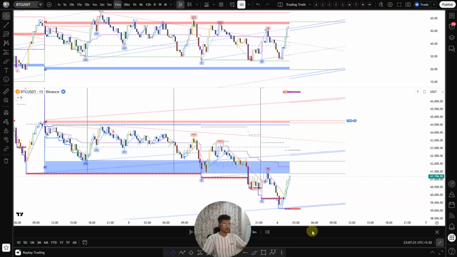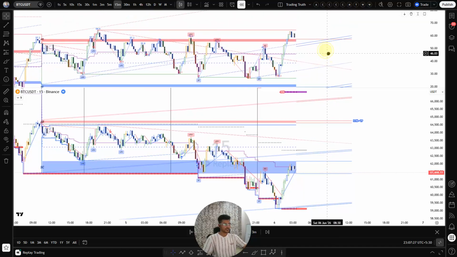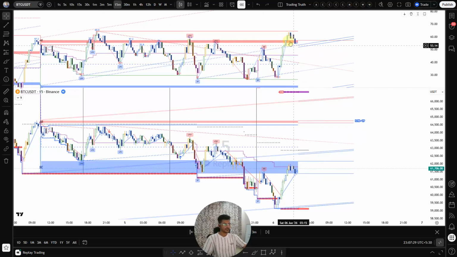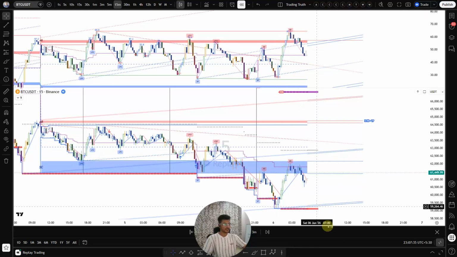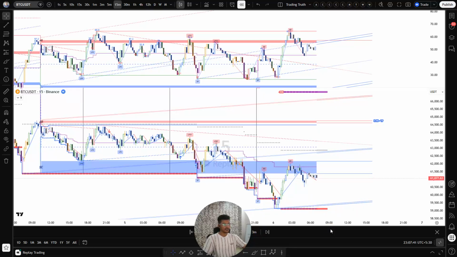See, resistance got hit there on RSI, so it will probably come down again, breaking down action. Spring, no, it didn't get completed there.